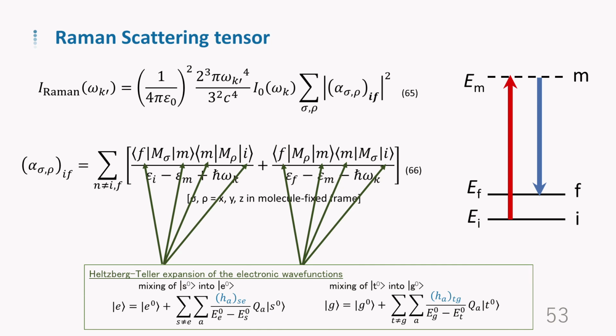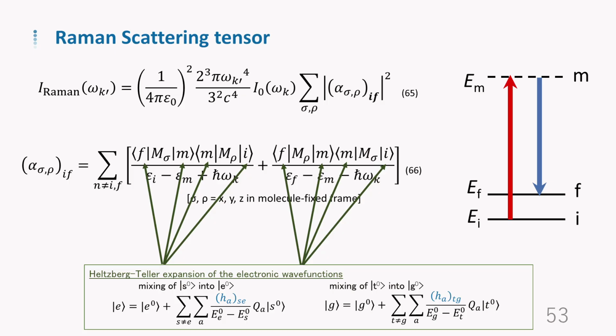Then here is the Raman tensor I explained previously. And the transition moment I n m, in this case intermediate m, previously it was n. I m and m f, there are two steps, okay?